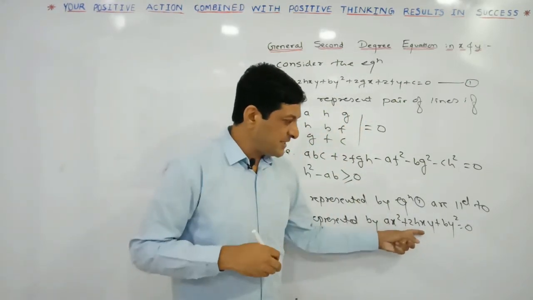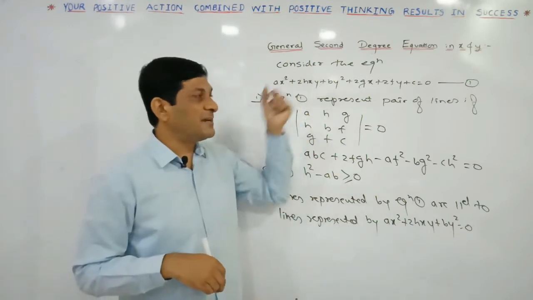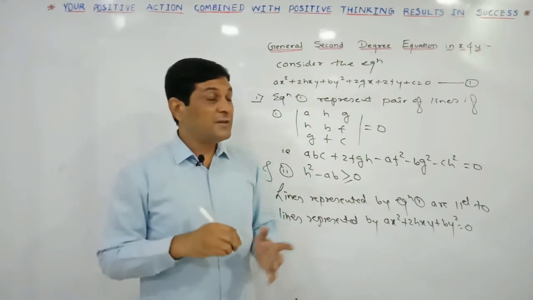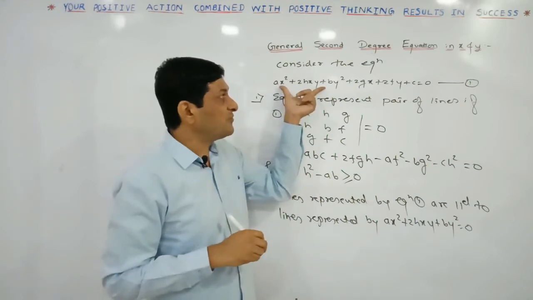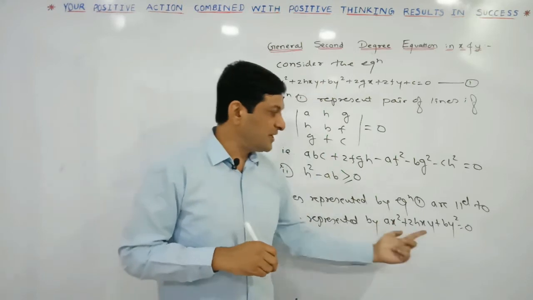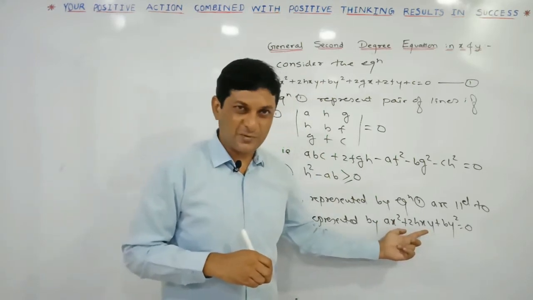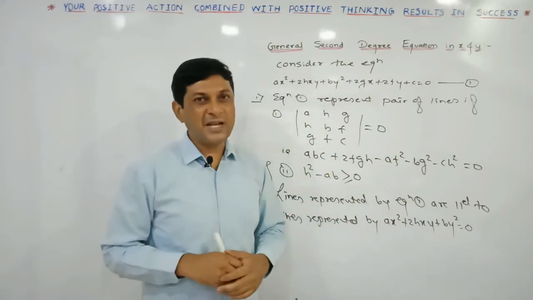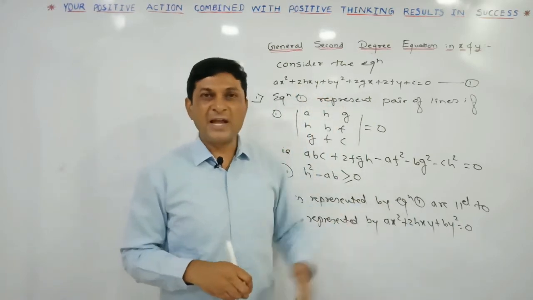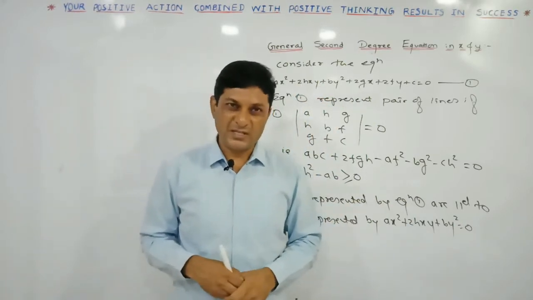The lines represented by the homogeneous equation and the lines represented by the general equation are parallel only if whatever first three terms are there in the general equation, exactly the same three terms are there in this homogeneous equation. At that time we can say that the lines represented by this general equation are parallel to the lines represented by the homogeneous equation.